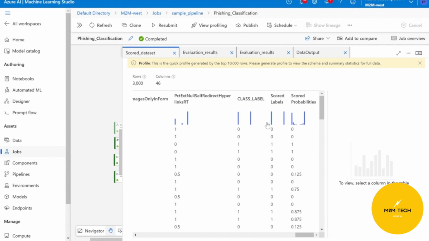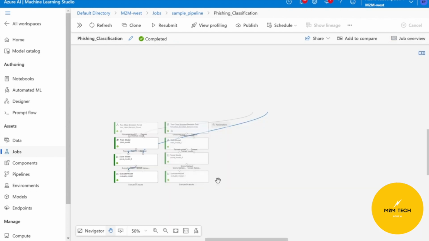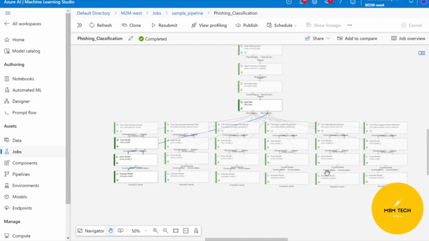If we look, we can compare the class label and the scored labels. I've done this for all 6 of the algorithms that are available.